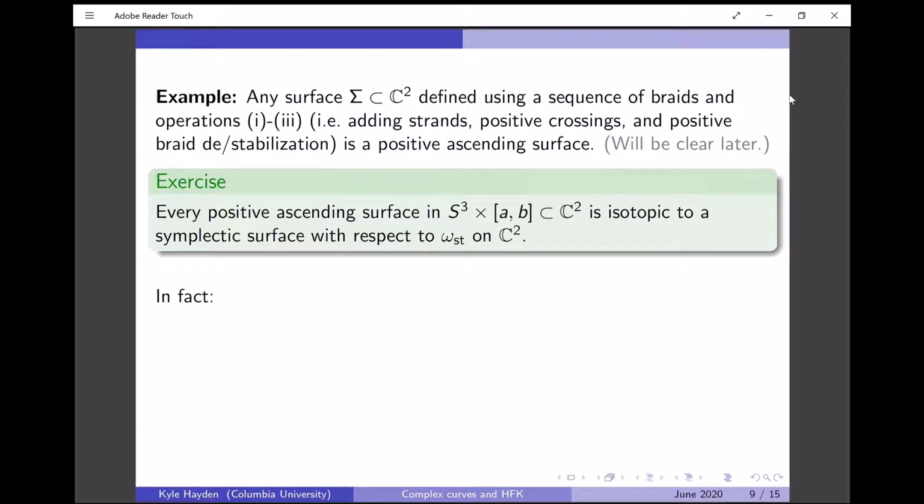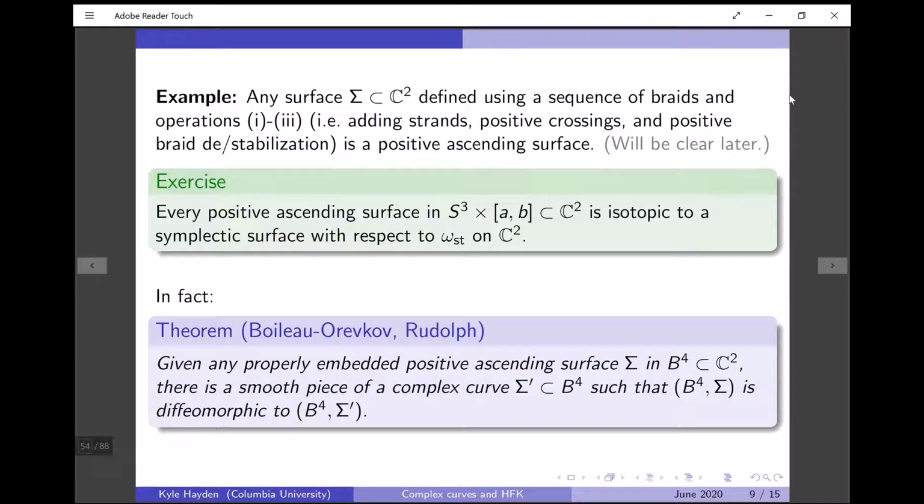Okay, and in fact, something even stronger is true. And this is a result due to Boileau, Orevkov and Rudolph. And it says that if you have any properly embedded positive ascending surface sigma in the four-ball, I can find a smooth piece of a complex curve sigma prime such that the pairs (B4, sigma) and (B4, sigma prime) are diffeomorphic.